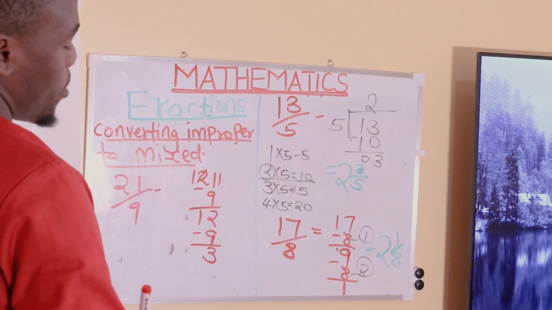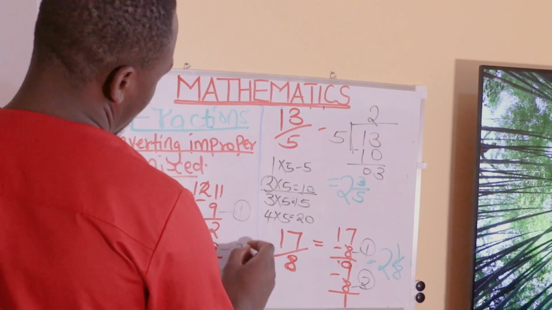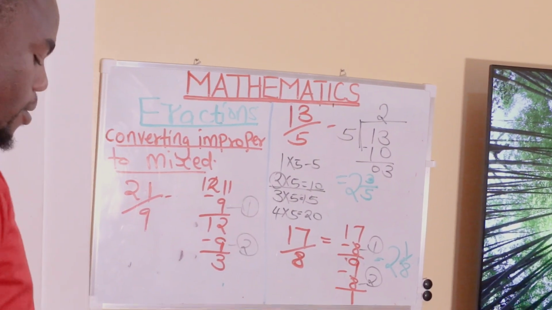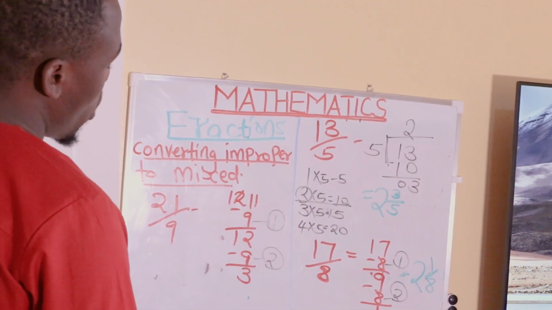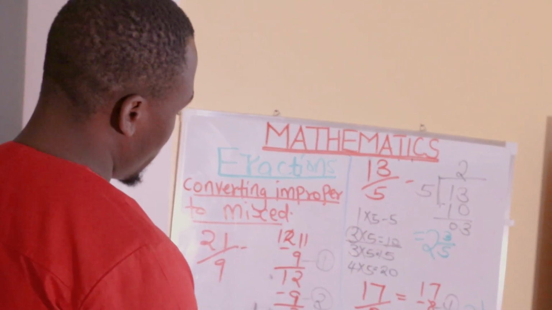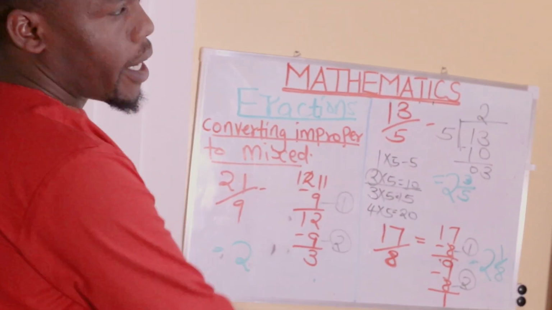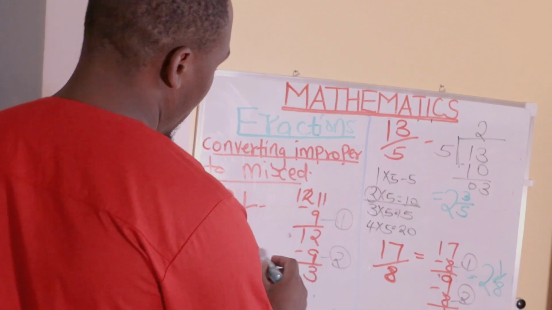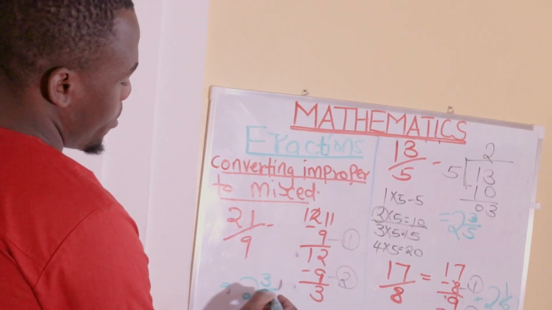But now, how many subtractions have we done? We have done 1, 2. We have done 2 subtractions. So the 2 subtractions that we've done become our whole number, that is 2, and the remainder becomes the numerator, that is 3, and the denominator remains the same.